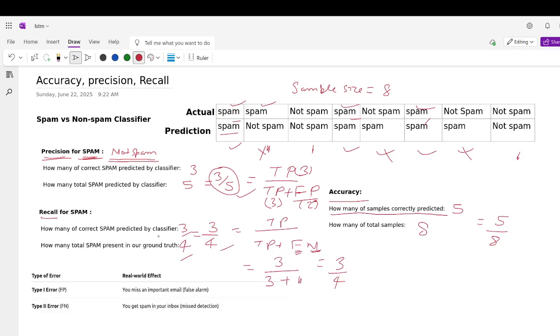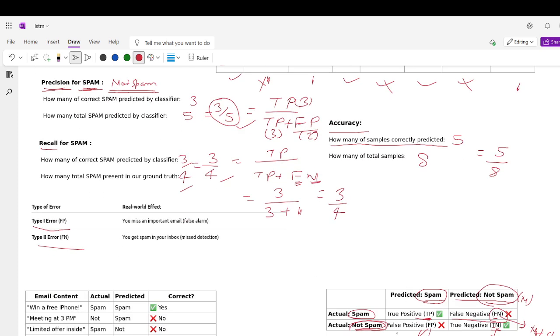Now the last thing comes, which is the type of error. This is very important: type 1 error, type 2 error. So if you classify an email as positive, I mean it's a spam, but actually it was not a spam, that is type 1 error, which is this part.